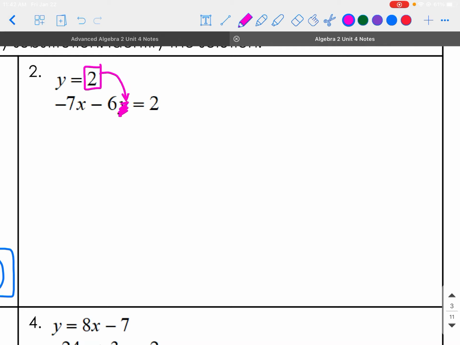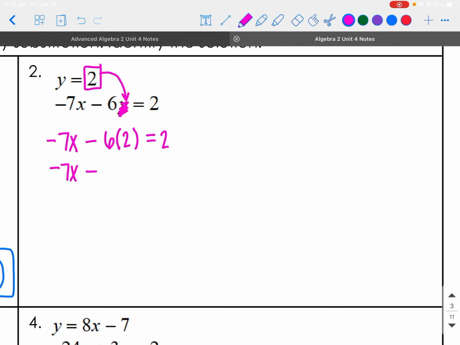So I'm taking out the y and putting in the 2. And that becomes -7x minus 6 times 2 equals 2. If you didn't put the parentheses there, it would look like -62. So make sure you always put that in parentheses.